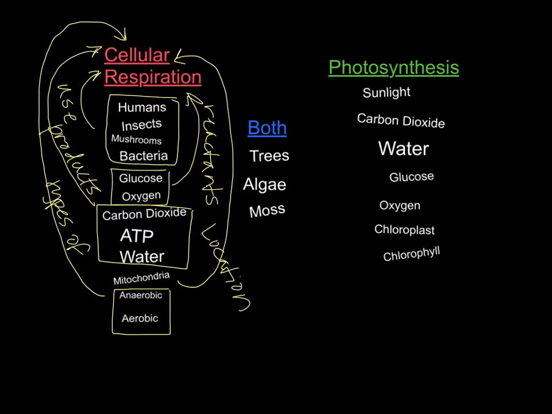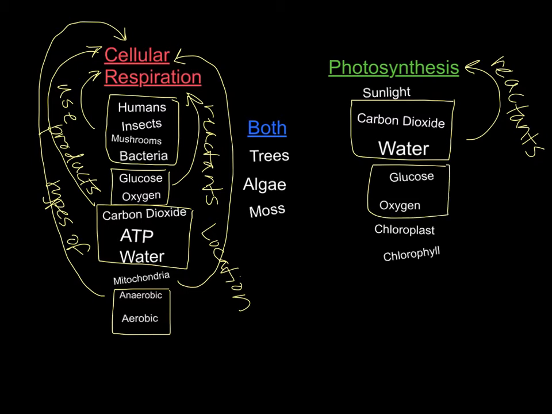Okay, so we're going to do the same thing within the photosynthesis group. In the photosynthesis group, we've got carbon dioxide and water as the reactants. And there's glucose and oxygen as the products.